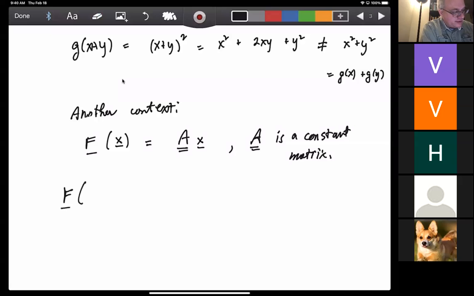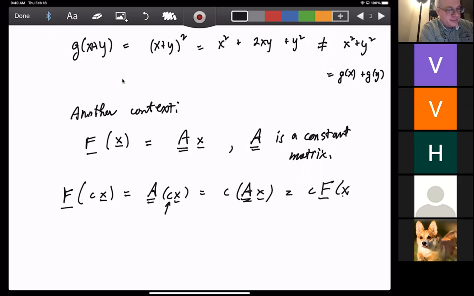Well, f of some constant times x is our matrix A times cx. And we'll talk in a little more detail about matrix algebra later, but in fact, it's okay to move that multiplier c out in front of everything. So that property works.